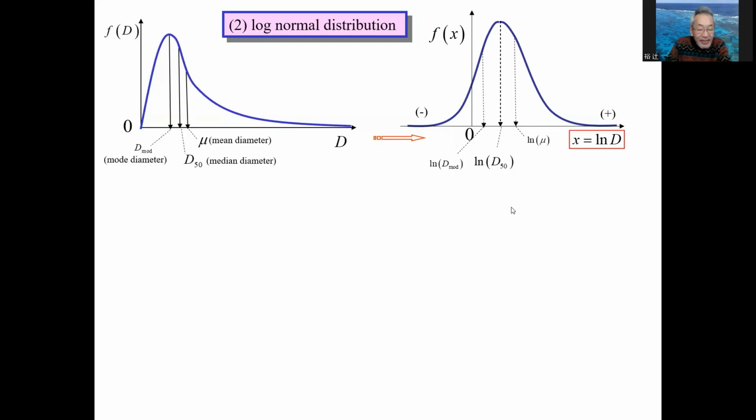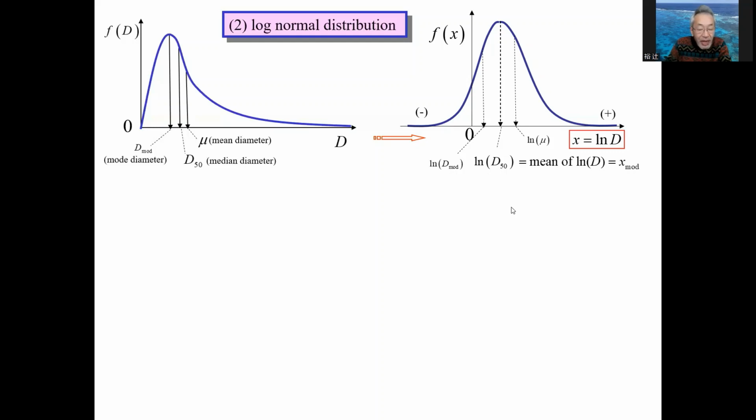The coordinates of log mu, log D50, and log D mod are indicated on the x-axis in the right figure. Due to the axial symmetry, log D50 is equal to the mean of log mu and log mod diameter x mod.